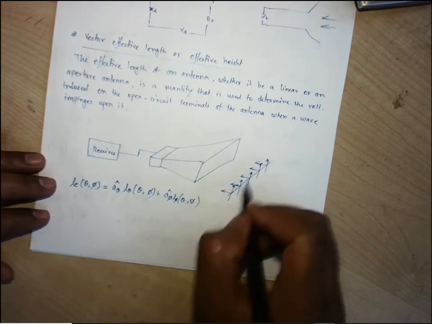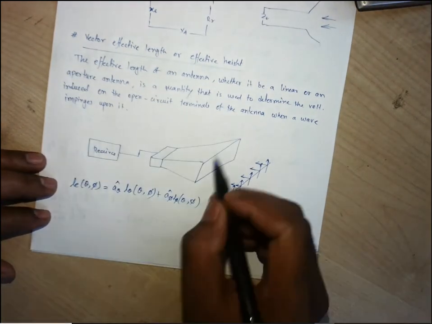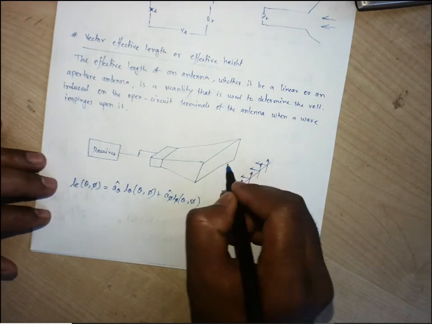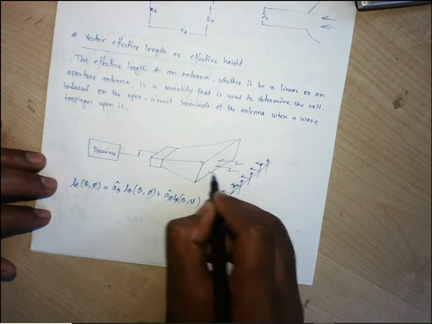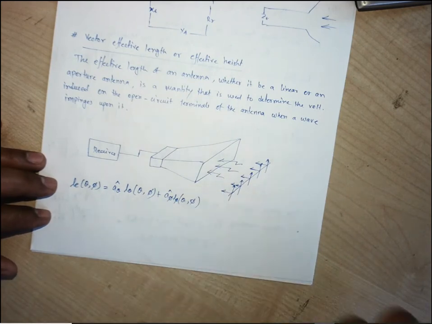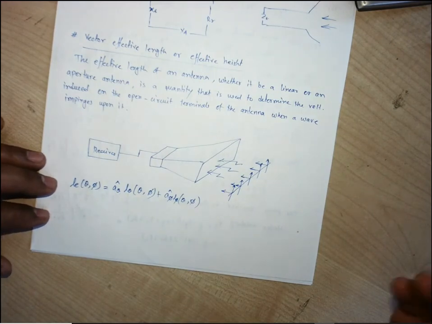So when the waves are coming to this antenna, at this opening the open circuit voltage, if it has a certain value, then it depends completely upon this length LE.